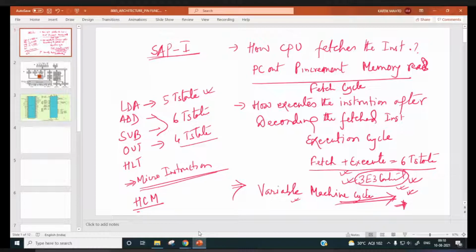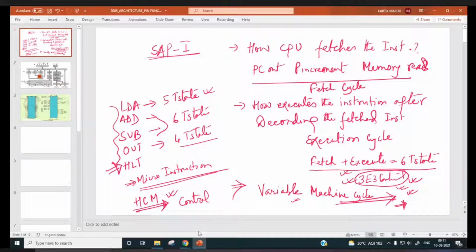Now, if the number of instructions is more, then designing this hardware control matrix is not feasible, not economical also, and it's a very tough job. So we go for control ROM.